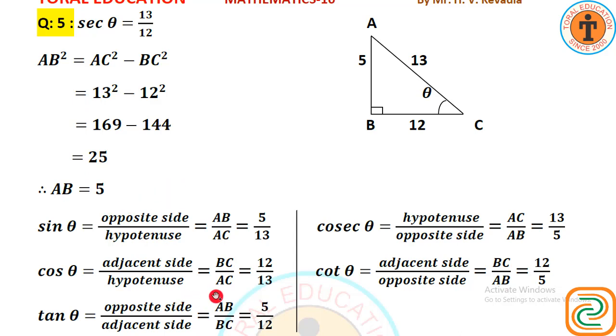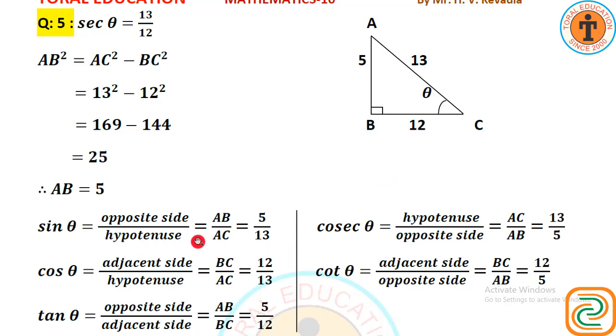Now it's easy to find the rest. Sin theta equals opposite upon hypotenuse, AB upon AC, 5 upon 13. Cos theta is adjacent side BC upon hypotenuse AC, so 12 upon 13.